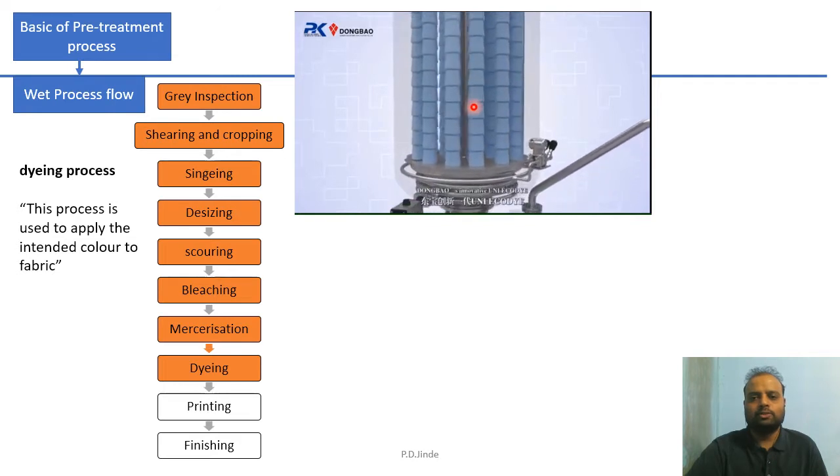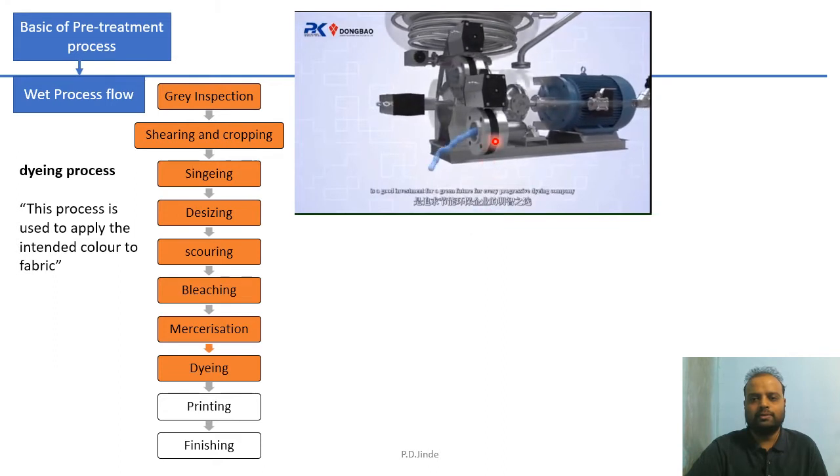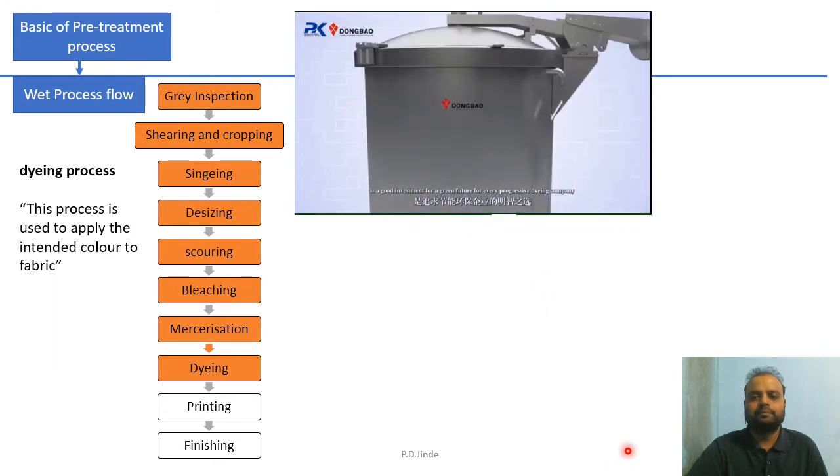Here washing takes place and the remaining liquor is coming out from this pipe. Now you can see dyeing is complete and the package is removed from this container. This is dyeing in the yarn form.